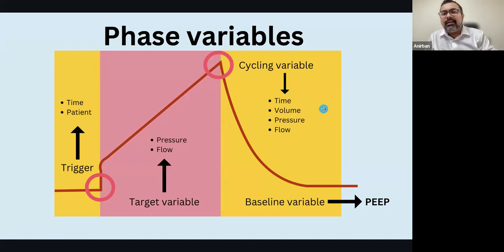What is pressure cycle? Pressure cycle is nothing but when your airway pressure reaches the pressure alarm settings. Suppose you have kept a high pressure alarm setting of 35. For example, the patient has developed bronchospasm. Initially, his airway pressures were maintained at 25.